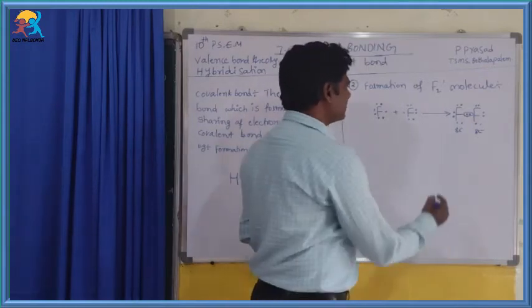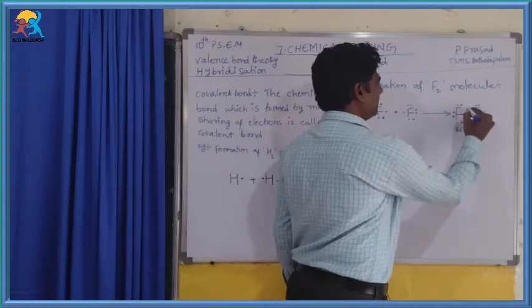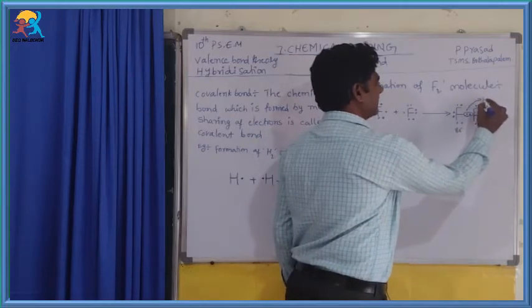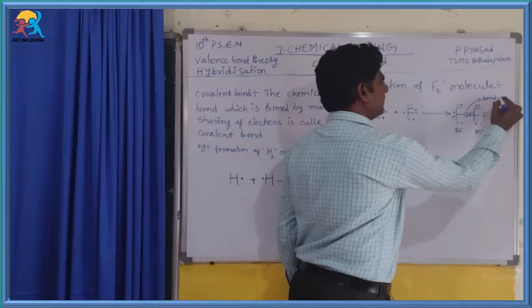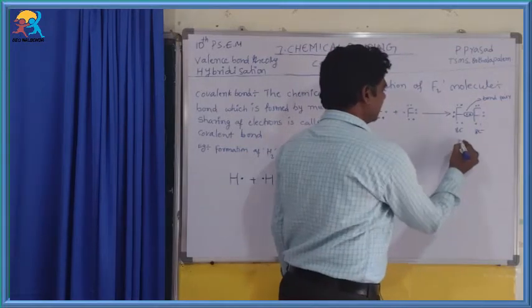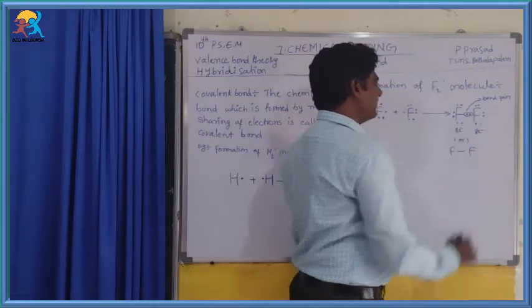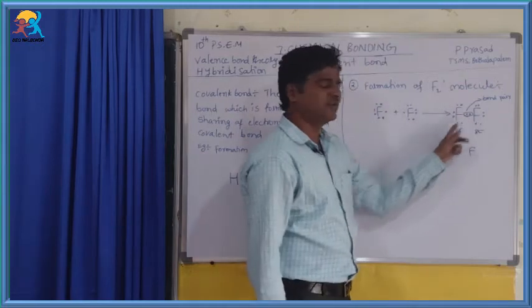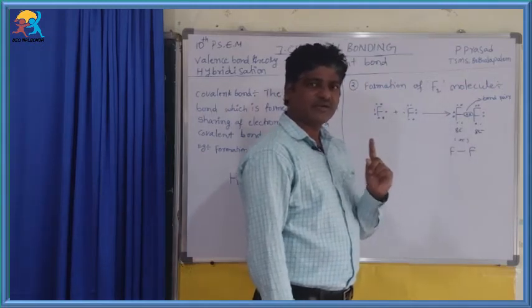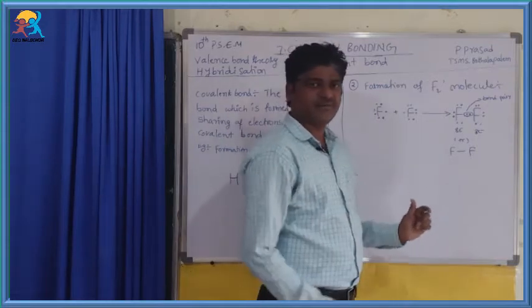So how many shared pairs are there? One shared pair. The shared pair is also called a bond pair. A bond pair can be represented by a hyphen. How many bond pairs are there between two fluorine atoms? Only one bond pair or shared pair, represented by one hyphen.